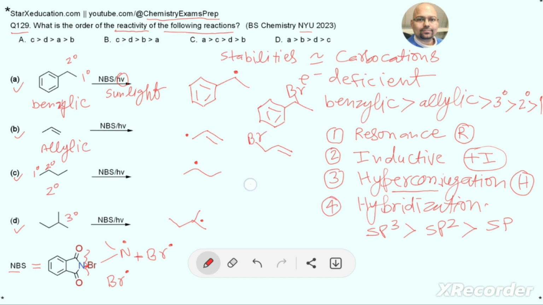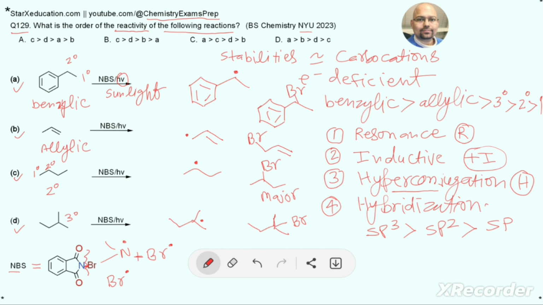In case of C, the product would be 2-bromobutane, that is the major product here. In case of D, the major product would be a tertiary alkyl halide, a tertiary alkyl bromide.